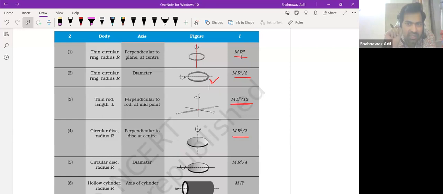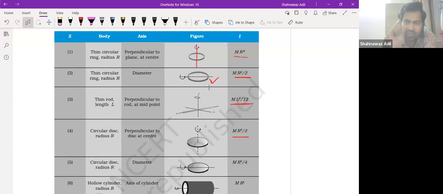So what is the radius of gyration? As the name suggests, what physical quantity is this? We have seven fundamental physical quantities, fundamental units: length, mass, all these things.